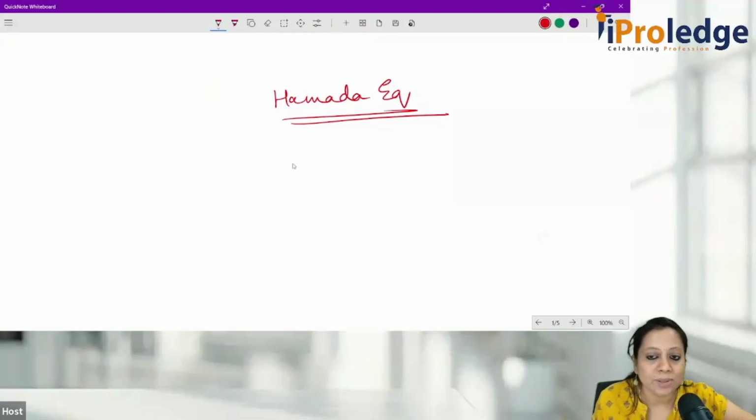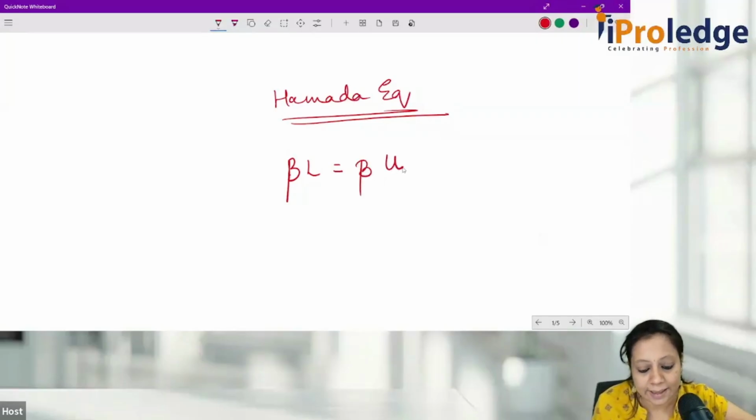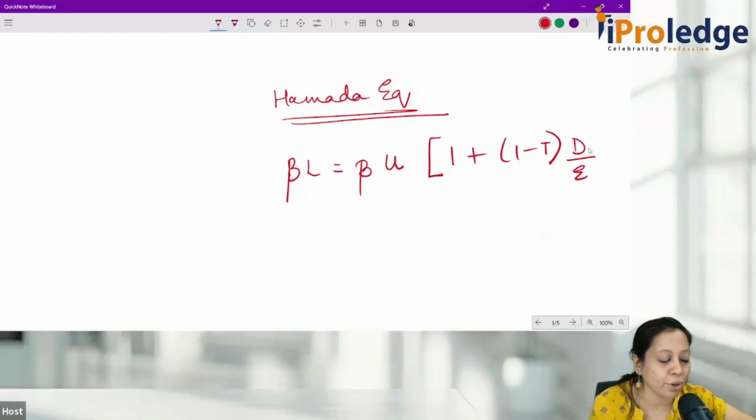First of all, I will tell you the formula and then quickly explain what it is all about. Beta levered is equal to beta unlevered into 1 plus (1 minus tax rate) into debt by equity. This is the Hamada equation.